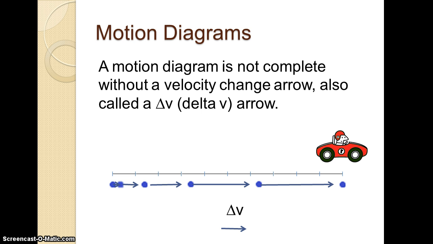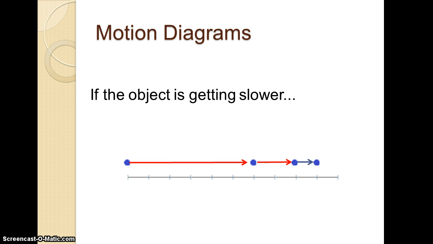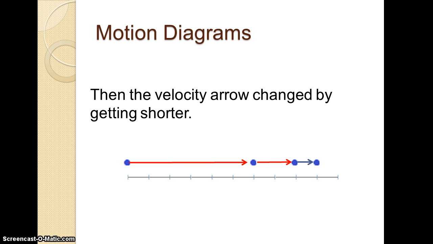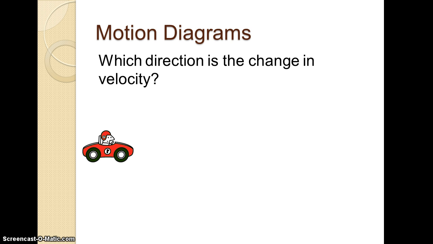This shows us now not just which direction the object is moving, given by the velocity arrows, but also in which direction the change in velocity is occurring. If the object is getting slower, then the velocity arrow changed by getting shorter. We can say that this is almost as if the arrow got squished back towards the left.